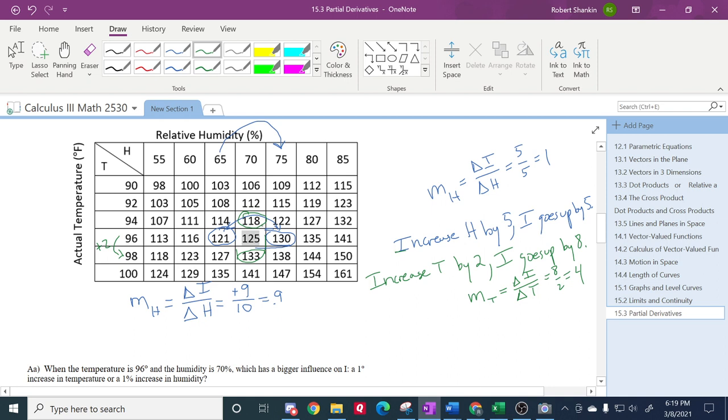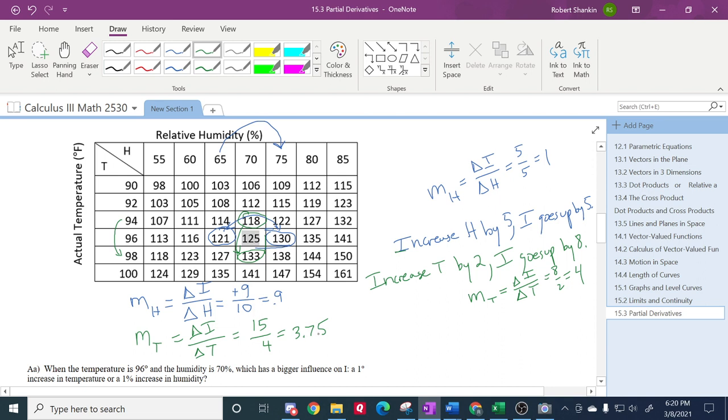You do it more accurately like this. And as you go from here to here, it's a slope focusing on the temperature change. Change in I over the change in temperature, which now the I increases from 18 to 33, which is 15, while we went 4 degrees, and this is very close, 3.75.